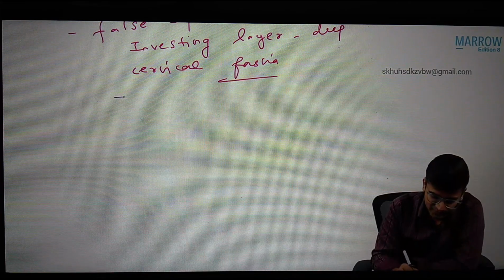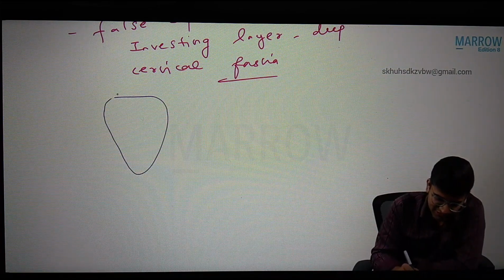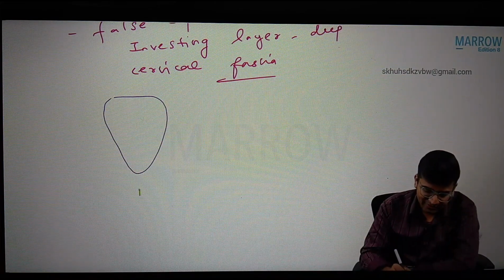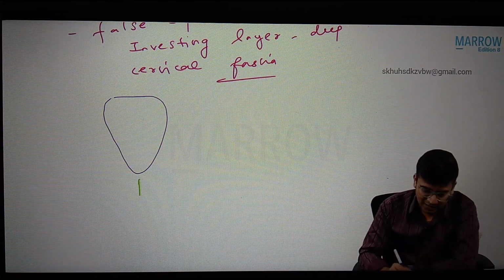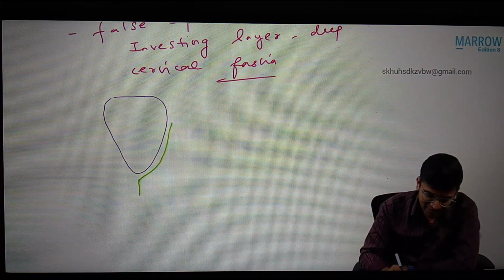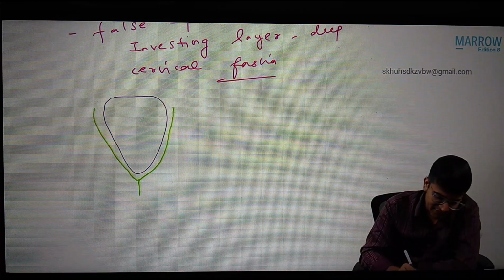Now this is the gland. The investing layer will provide the false capsule, and that is divided into the superficial lamellae and the deep lamellae like this.